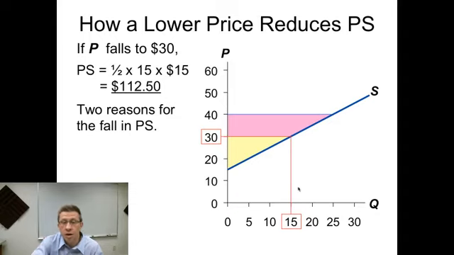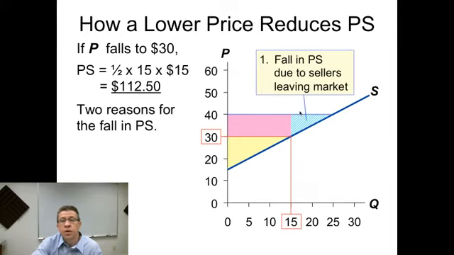So what caused that drop in producer surplus? Well, part of it was that some sellers aren't selling anymore, right? You had a group here. You had 25,000 selling before, now you only have 15,000. This triangle represents the number of sellers who are out of the market.